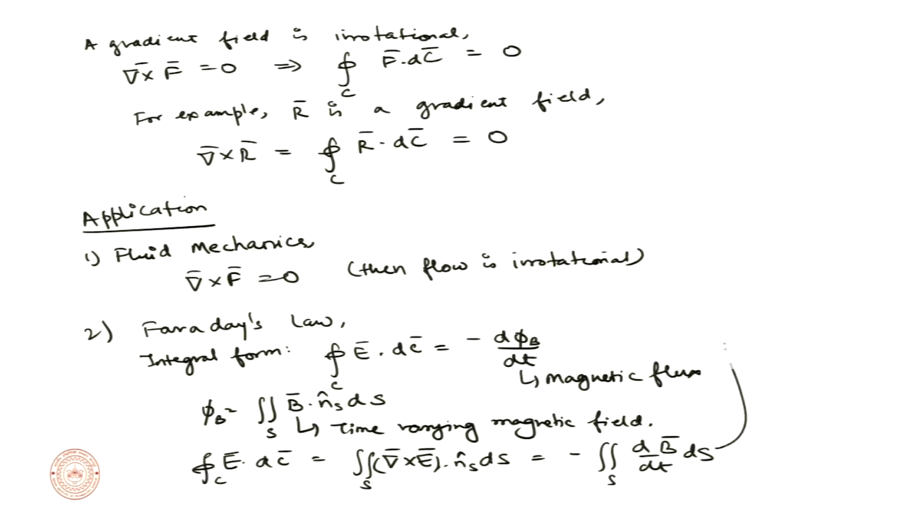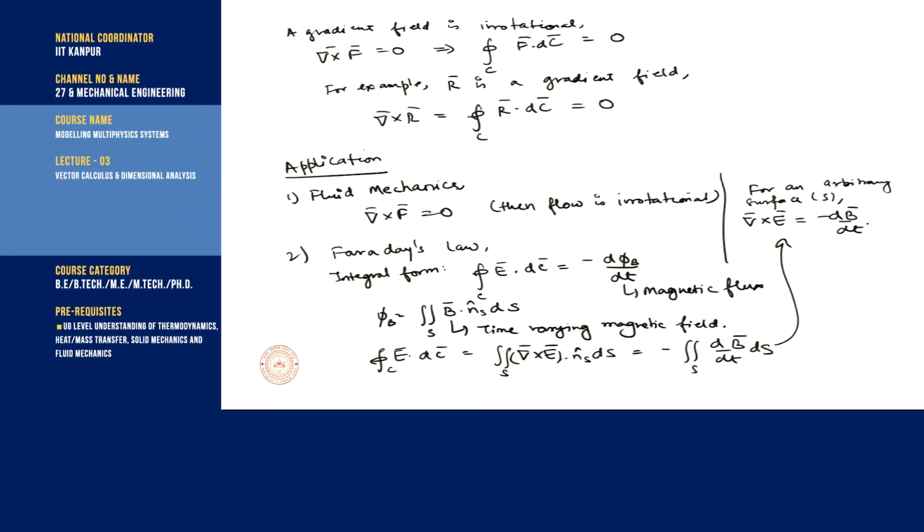And if we take this out for an arbitrary surface S, we will have del cross E is equal to minus dB vector by dt. This is Faraday's law in the differential form.